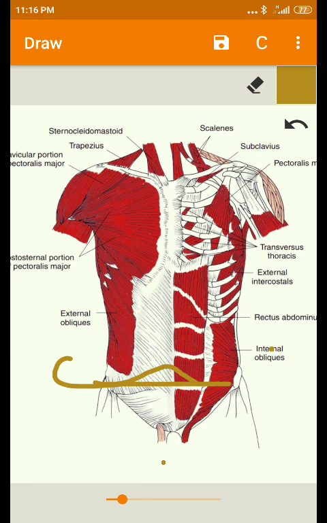So what is happening? The gravity is assisting. The gravity is acting on the abdominal muscles, pushing them inward, which creates the intra-abdominal pressure and helps in expiration, isn't it? But in this position, these abdominal muscles will not work actively.